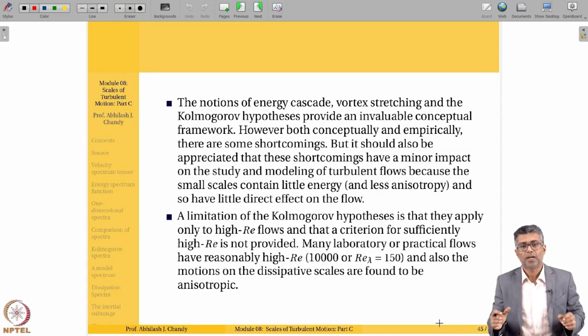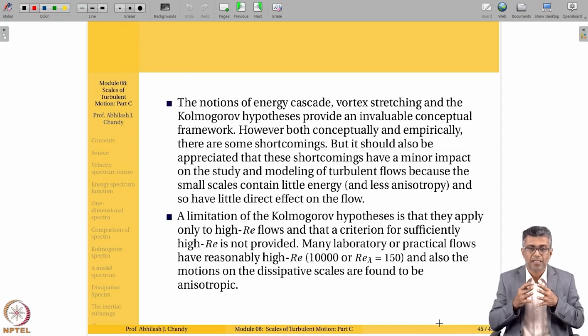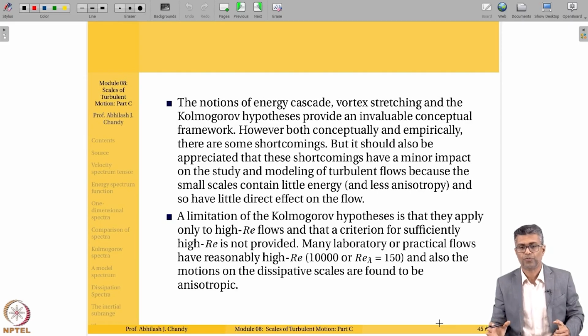So because the small scales contain very little energy, they have little direct effect on the flow. So whatever we are saying, even though there are some shortcomings, making some assumptions is giving us a lot of information and is helping us move forward.